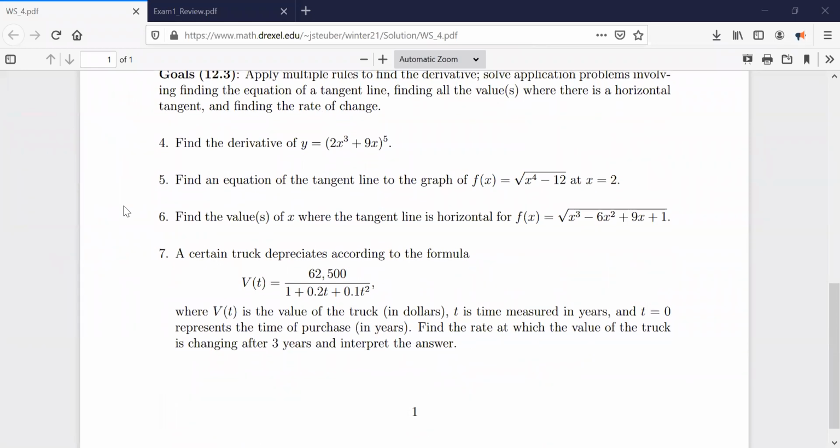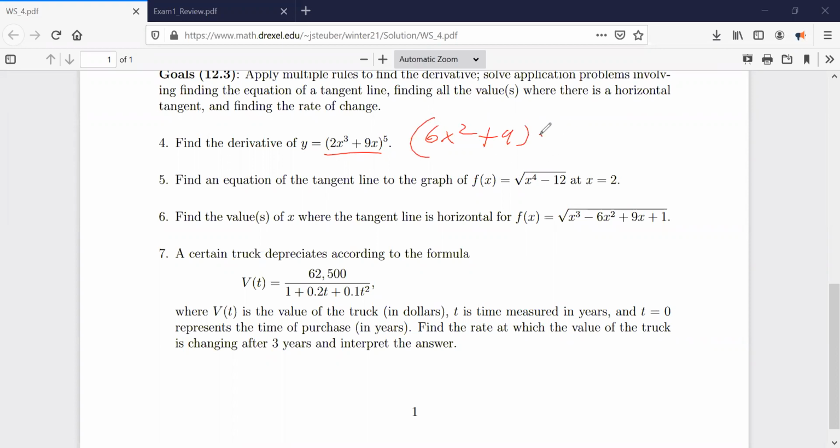So here is another one where we're just going to have to apply multiple rules to get what we want here. So this guy is a more interesting chain rule because the inside actually matters, or the inside is going to be something other than 1. So if I look at what's the derivative of the inside here, it's going to be 6x squared plus 9.